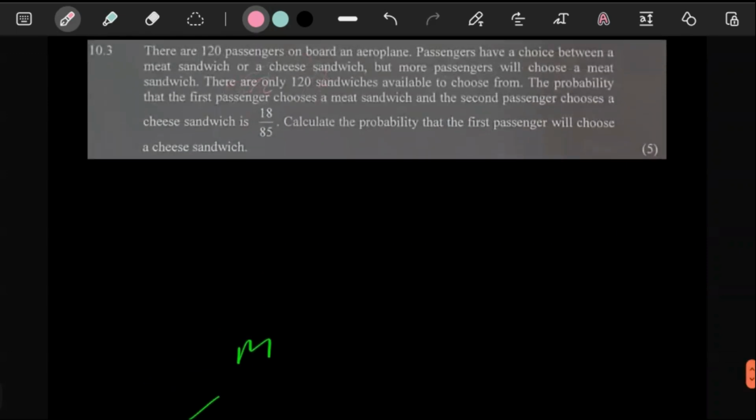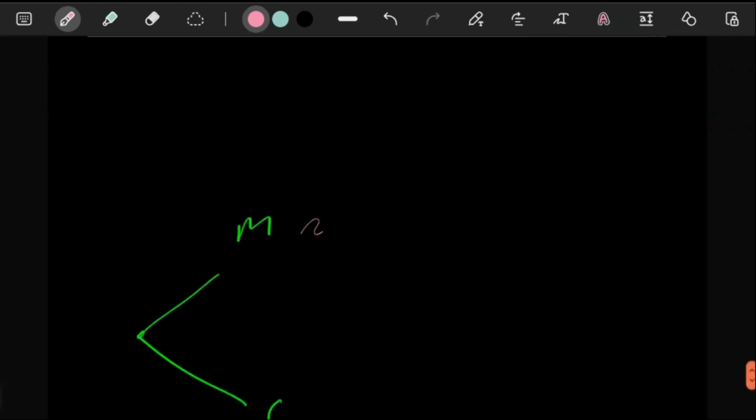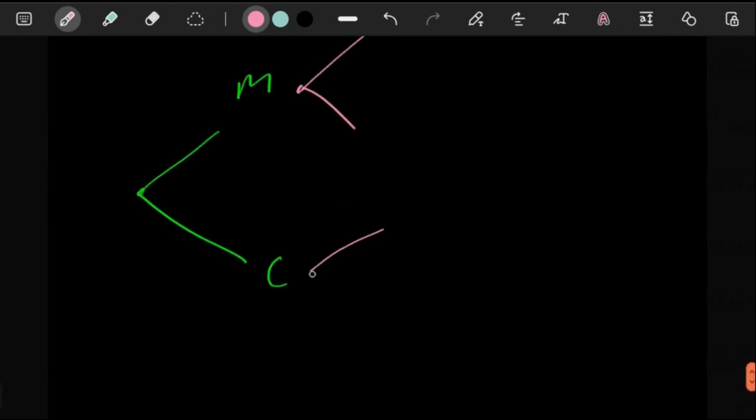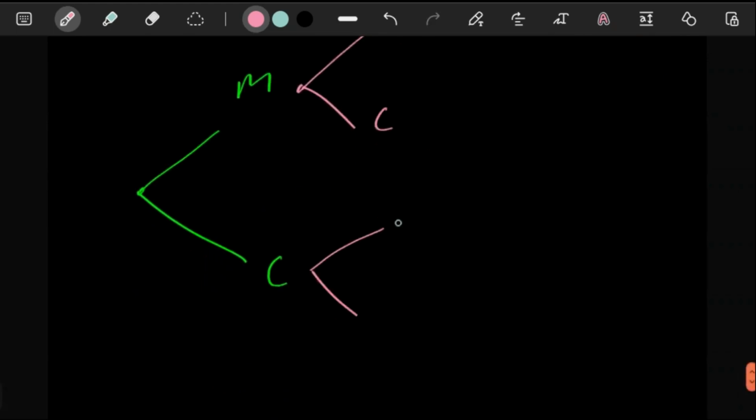So they said here, the probability that the first passenger chooses a meat sandwich and the second passenger chooses a cheese sandwich. What that means is the first passenger is either going to choose meat or cheese. And then when the second person comes, they're either going to choose meat or cheese.